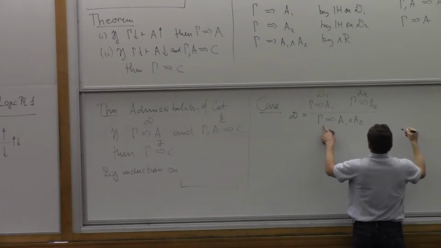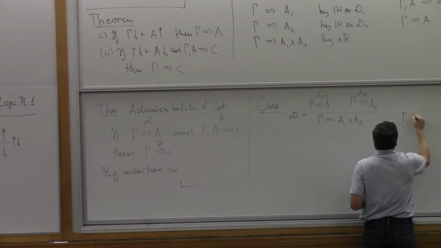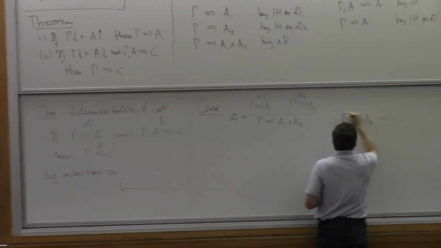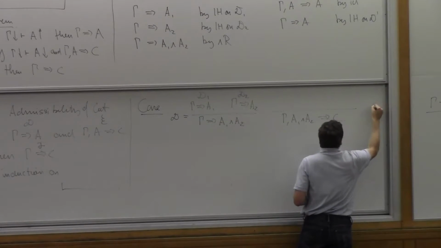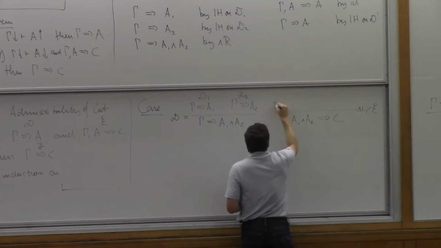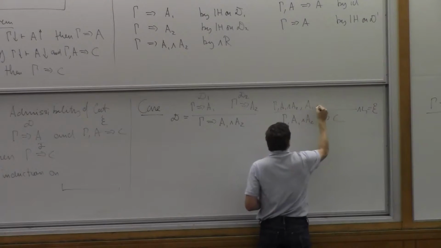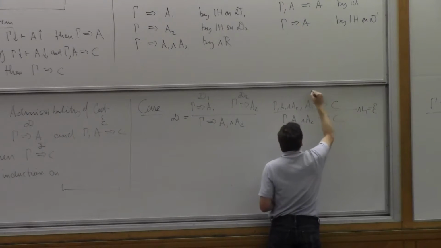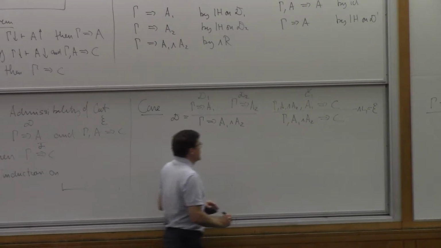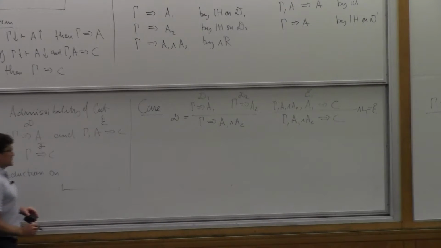And E looks like gamma comma A1 and A2 proves C, because we use the and-left-1 rule. Gamma, A1 and A2 together with A1 proves C, and call this E1. All right, so that's the situation.